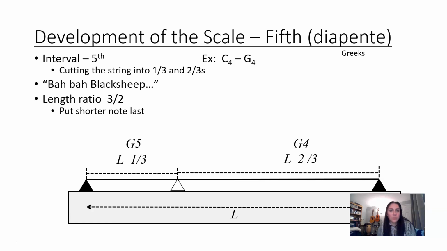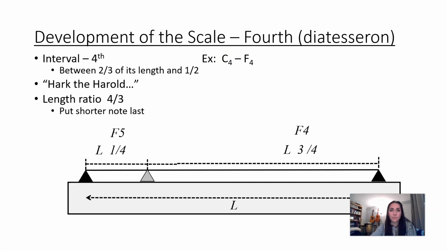In other words, when he plucked it, it's really a third if you think about it. When he divided it into a third, he was able to make that 5th sound, and it sounded really nice with the original note. By the way, this is all back to the original. In this case, I'm using the C scale as an example.